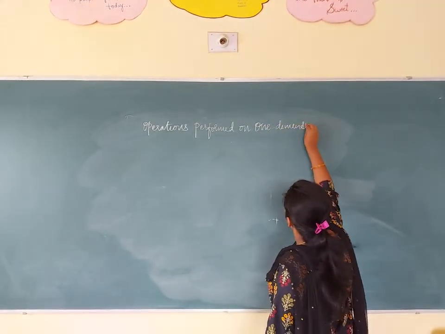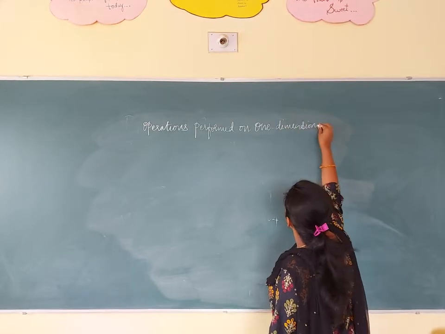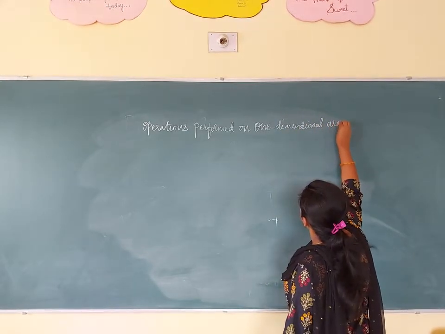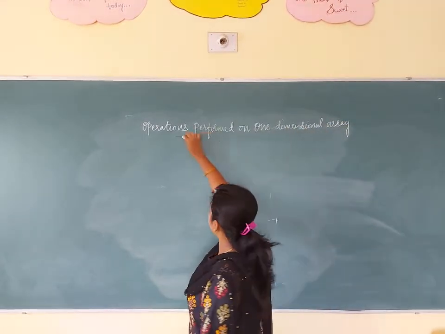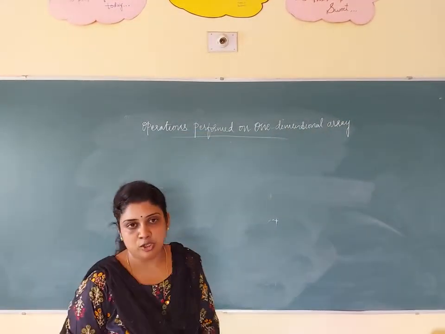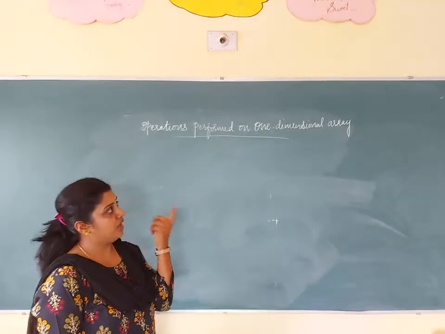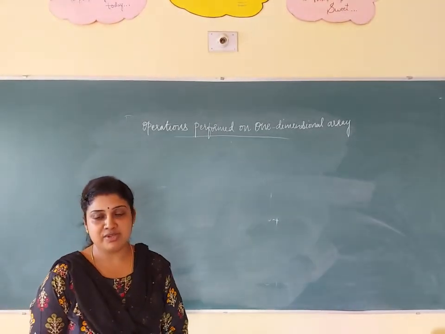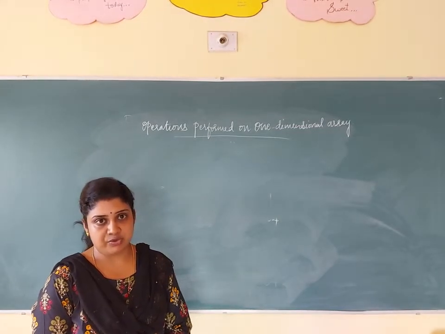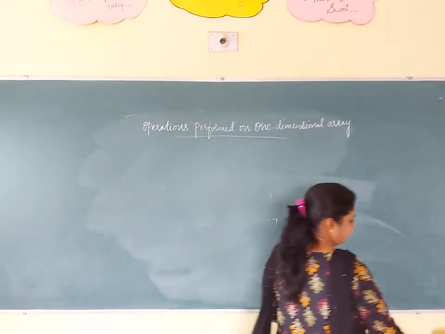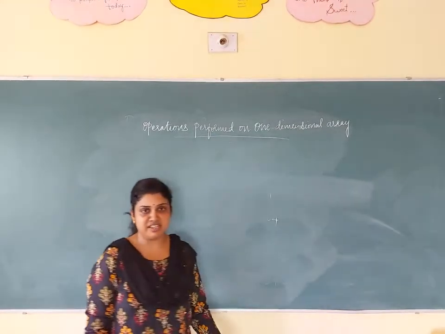If you know the operations on non-linear data structures, it is easy to write the operations for a one dimensional array. The operations you are going to do on a one dimensional array are the same as the non-linear data structure operations. First one I will explain in detail.